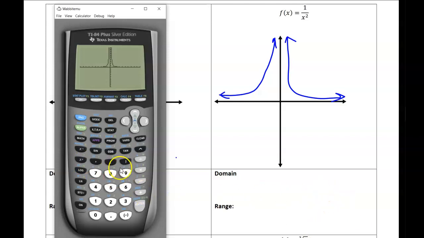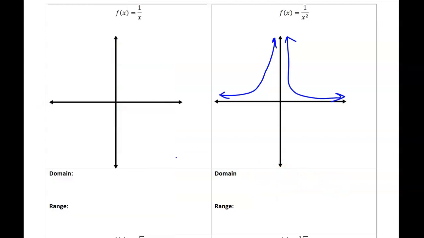And my domain and my range, this is interesting, right? My domain, it's like all x except for 0, right? And the way I write that down is I say x goes from negative infinity to 0, and I use parentheses for both to show that 0 is not included.